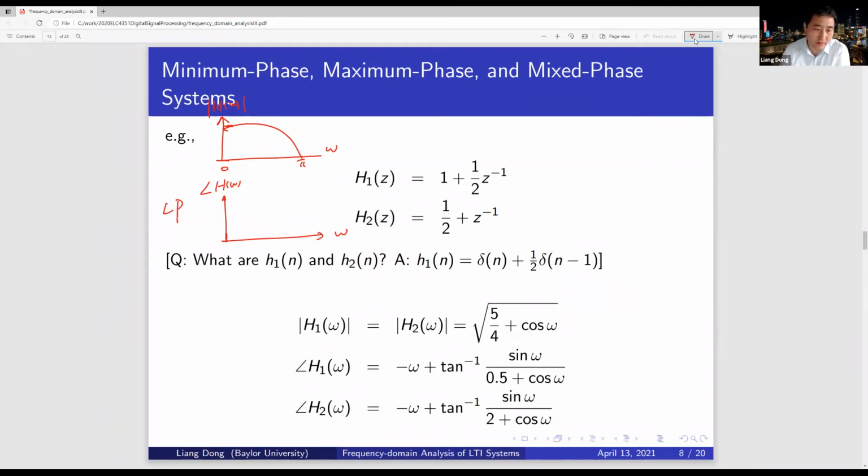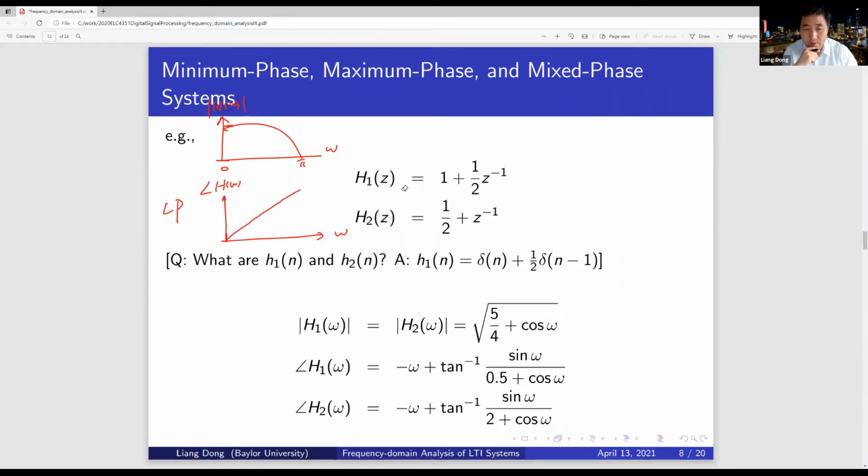We want to have a linear phase system. We also mentioned the group delay. Group delay is the derivative of the phase. So in this case, if it's linear, then the group delay is a constant. So now we look into these phase issues to see how we can relate this to a system and what kind of effect it will give us.